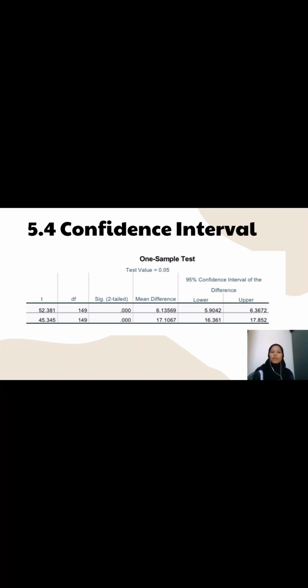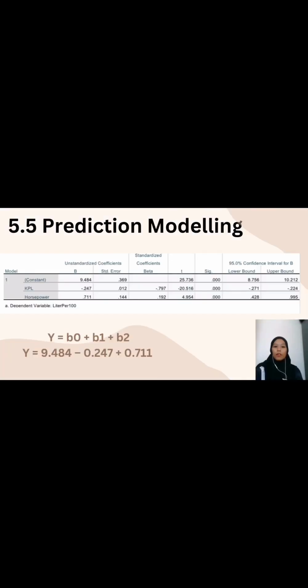Here you can see the confidence interval shows the difference between two population means, which are 5.9042 and 6.3672.